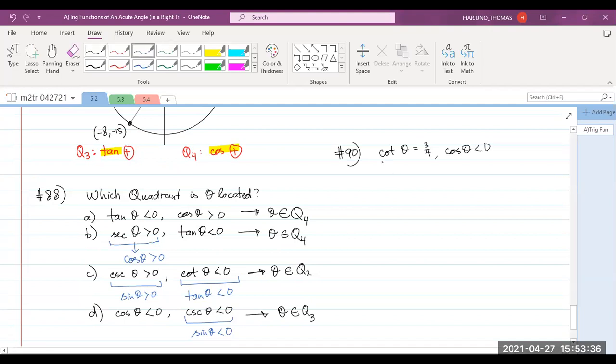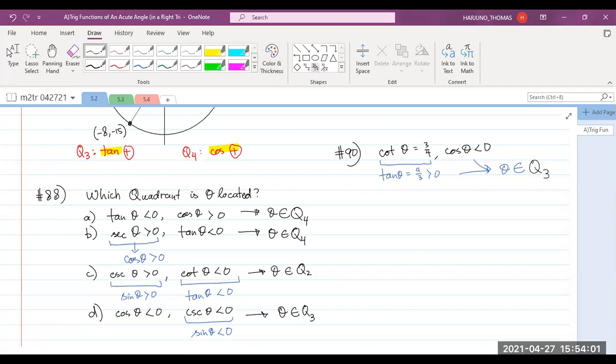Now, cotangent theta is 3/4 means tangent theta is 4/3, which is positive. Right? Tangent is positive, cosine is negative means theta is in which quadrant? Tangent is positive, cosine negative, theta is in quadrant 3.